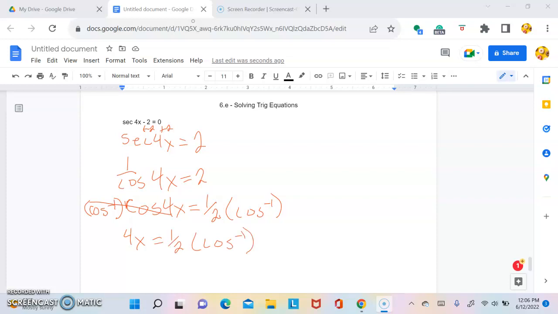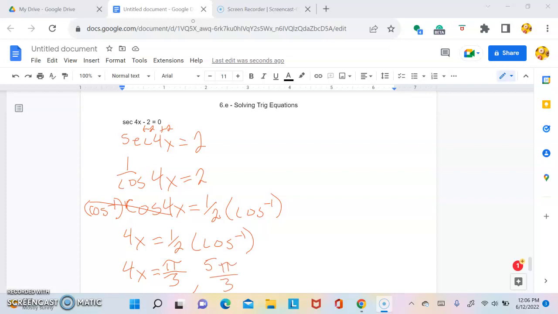Now, we want to look on our unit circle and find where cosine equals 1/2. There are 2 places. So we get 4x equals, the first place I see is pi over 3, and the second place I see is 5 pi over 3.